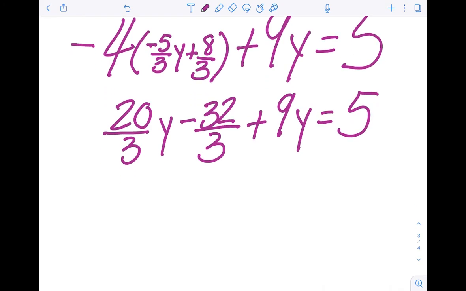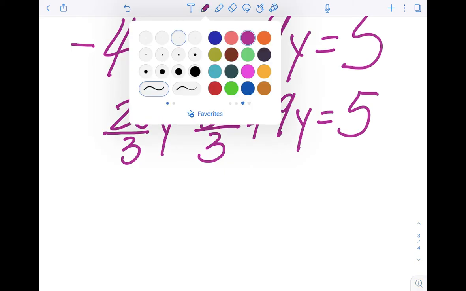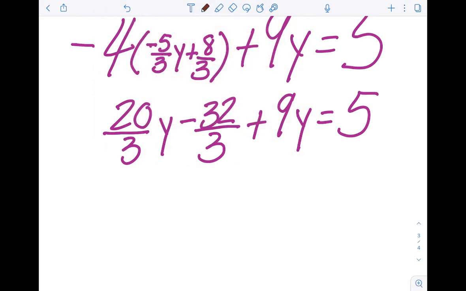Now, this is bothering me here, kiddos, this 3 and this 3. I'm going to get rid of these 3. So the opposite of dividing by 3 is I'm going to multiply this by 3, and I'm going to multiply this by 3. Because look what happens. Those two cancel and those two cancel.